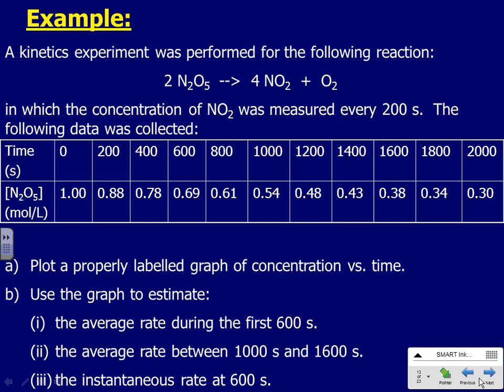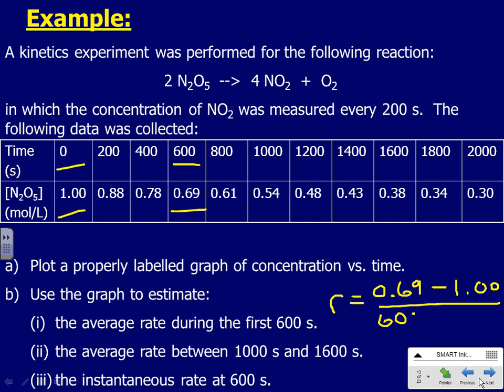If I were to do this straight off the table, I would get my rate, right? If I was just figuring it straight off the table, it is equal to, well, if I'm looking at the first 600 seconds, my concentration 2, 0.69, minus my concentration 1, 1, over my t2, 600, minus 0.